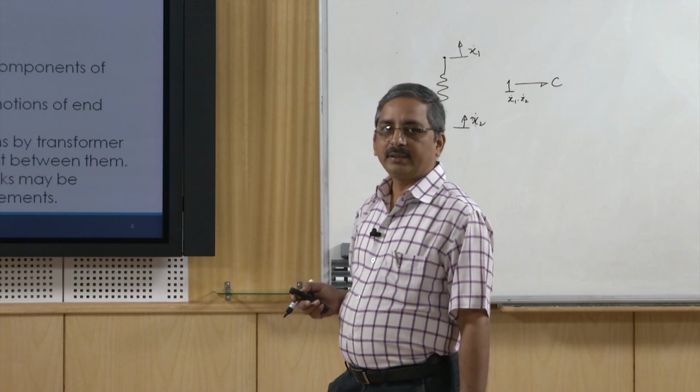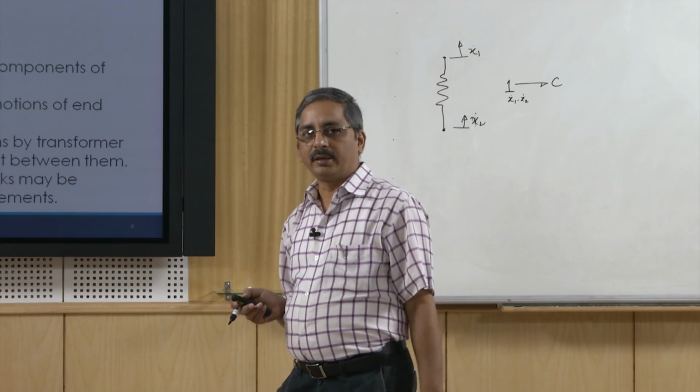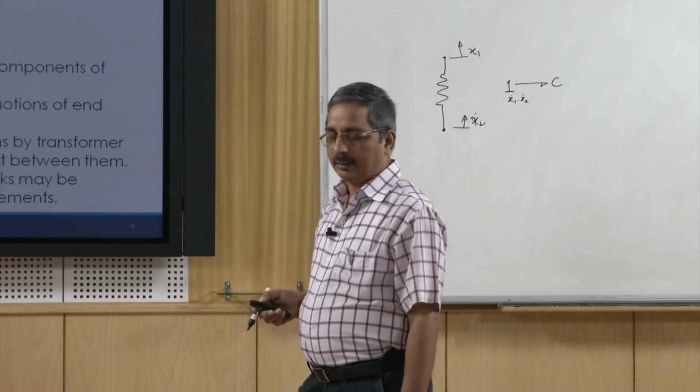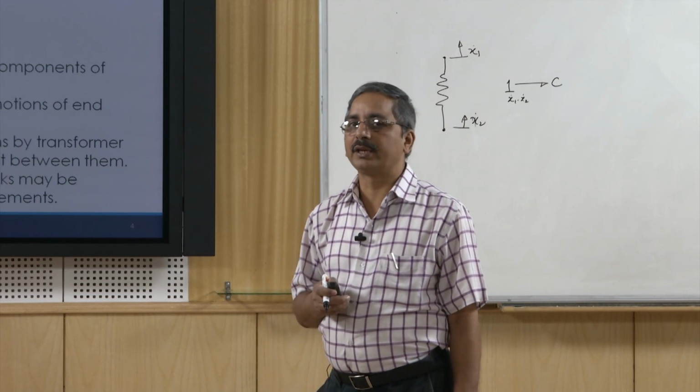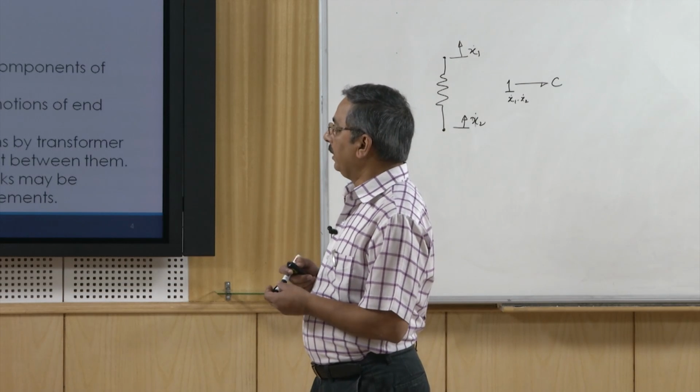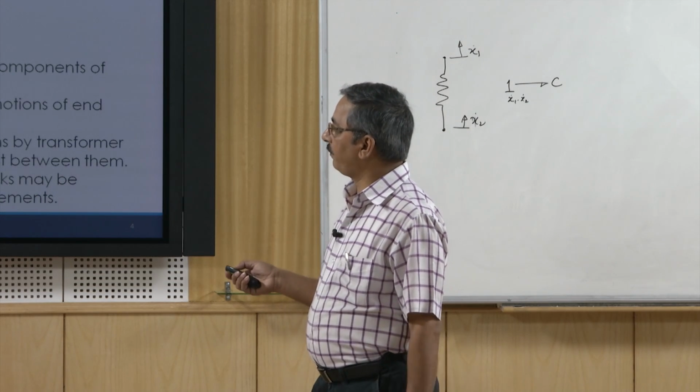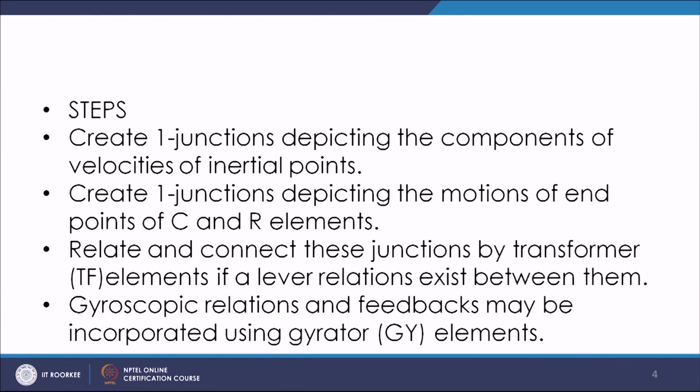So, let us look at the general methodology for creating a bond graph model using the flow map method. First of all, we create a one junction depicting the velocity components of the inertial point. Next, we create one junction depicting the motion of the endpoints of the C and R elements.